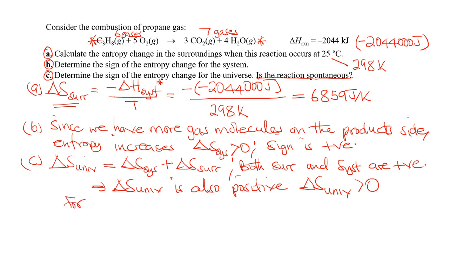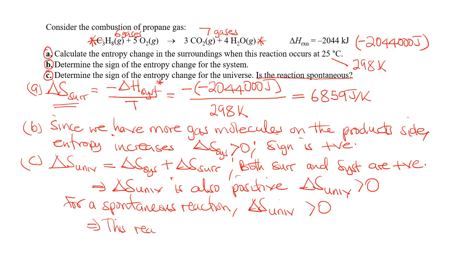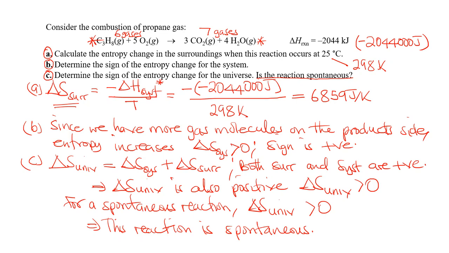So we say for a spontaneous reaction, delta S universe is greater than 0, which implies this reaction is spontaneous. So the reaction we are dealing with is spontaneous because the entropy change is greater than 0.